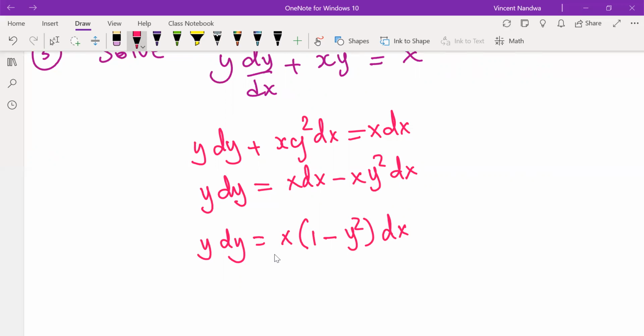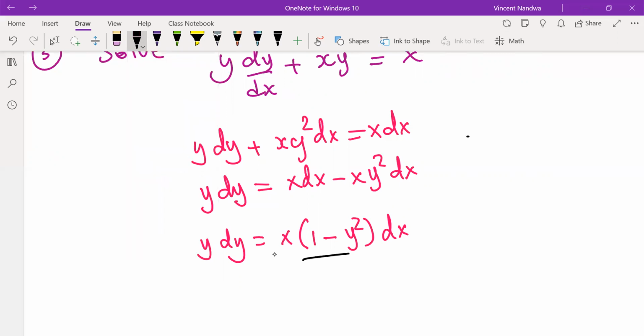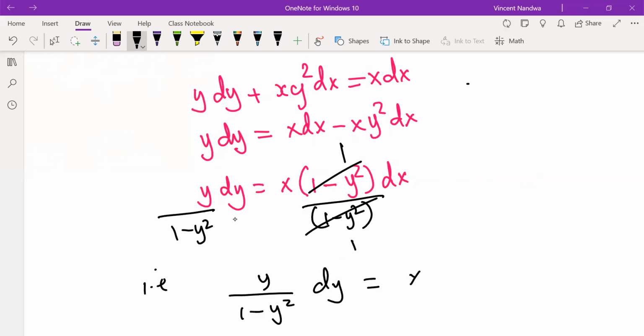So for the right hand side to be a function of x alone, we divide through by 1 minus y squared. So this term and this term cancel out. So we have y over 1 minus y squared dy equals x dx.